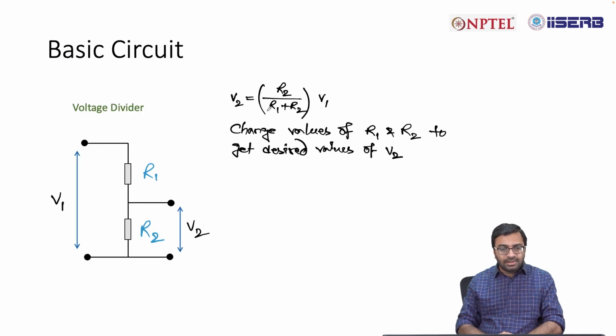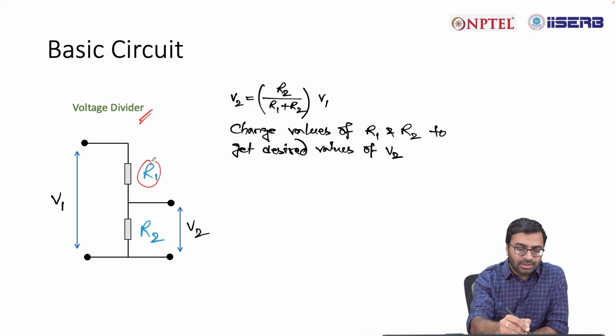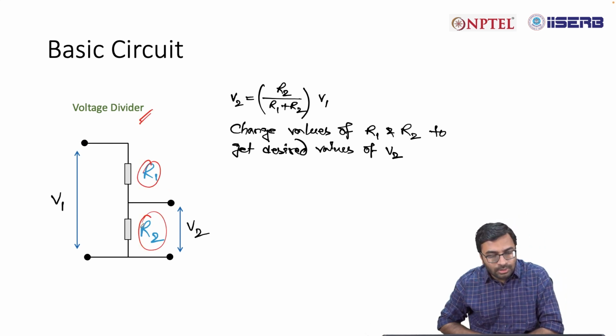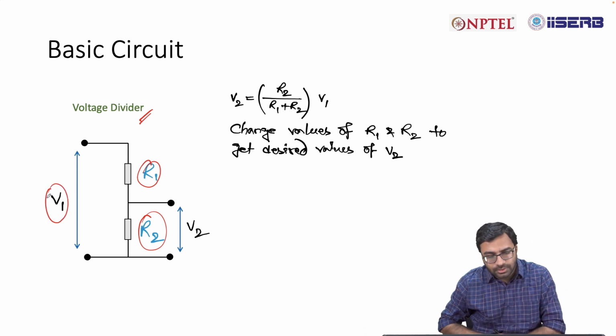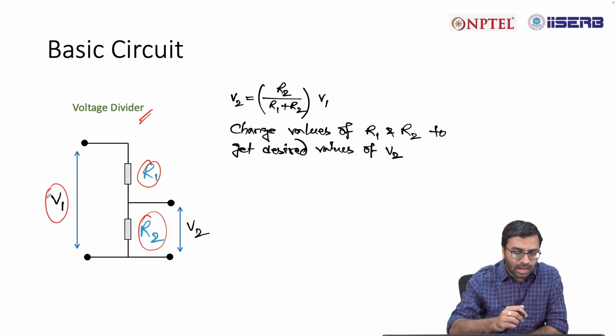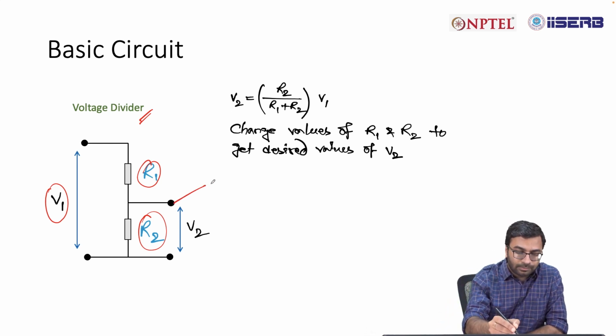So let us again see the first basic circuit that we have discussed previously. It's voltage divider. In this circuit you have two resistors R1 and R2. You apply voltage V1, say, that is the applied voltage, across R1 and R2, and then you can take an output from here which will be a function of say R2 and R1 both.